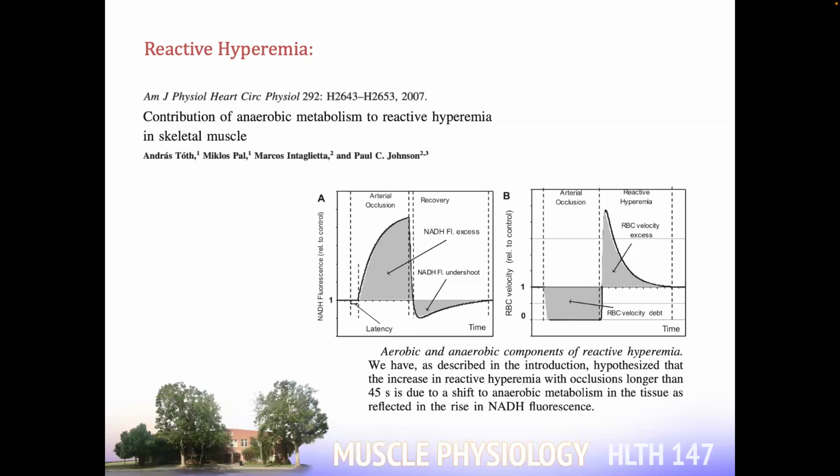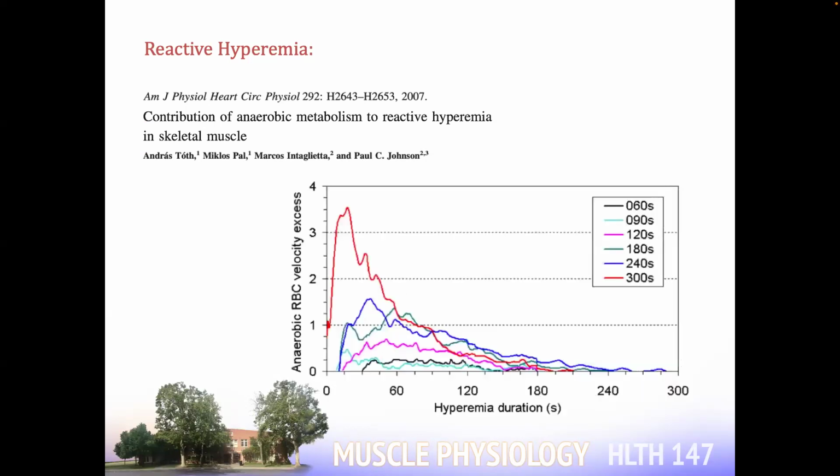And so in the graph on the left, you can see the rise in NADH, that electron donating compound. NADH excess indicates more reliance on anaerobic metabolism. Now on the right, that's the red blood cell velocity that's reduced during occlusion and then it rebounds during reactive hyperemia.